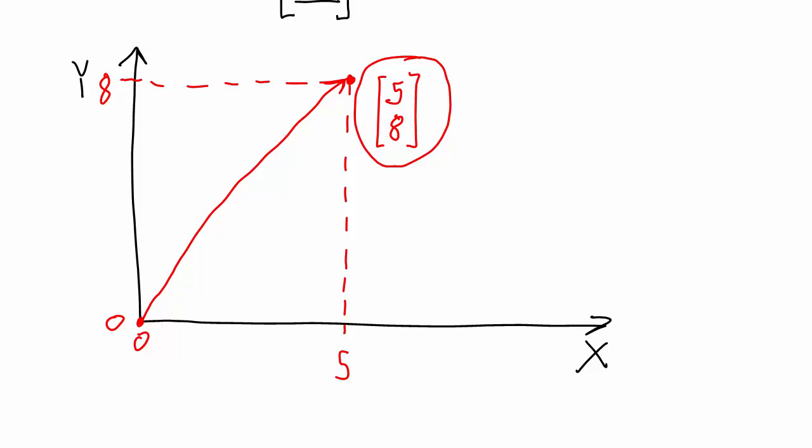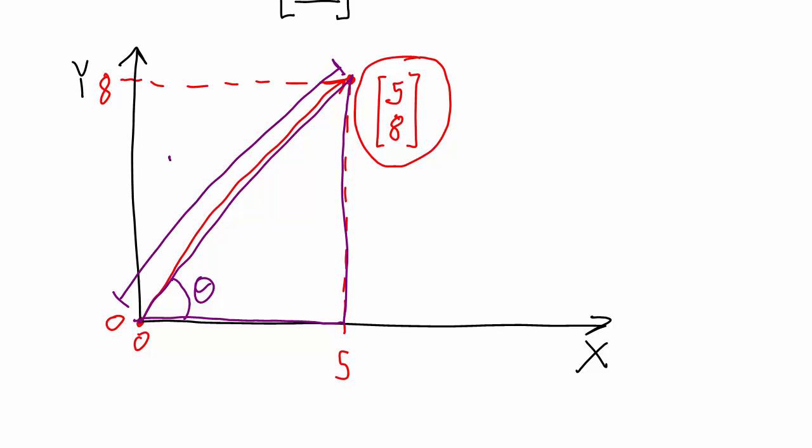We can see this more clearly if we picture this vector as a triangle, like this. Now, the direction of this vector is defined by the angle here. And the magnitude of this vector is defined by the length of this hypotenuse.